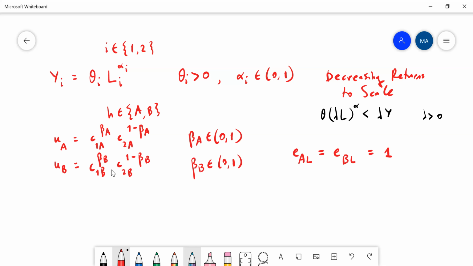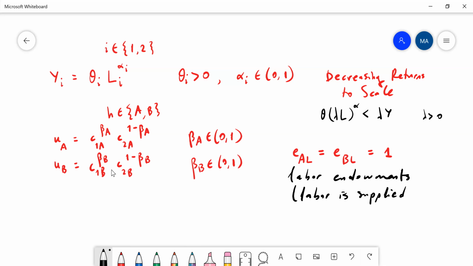So these are labor endowments, and labor is supplied inelastically. So basically, they supply all of their labor.